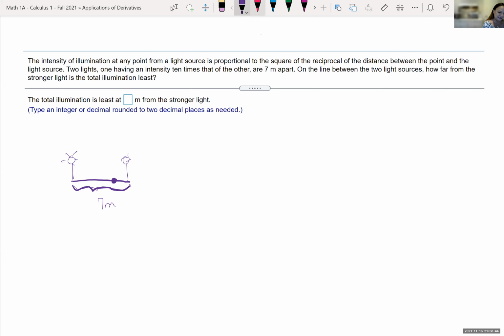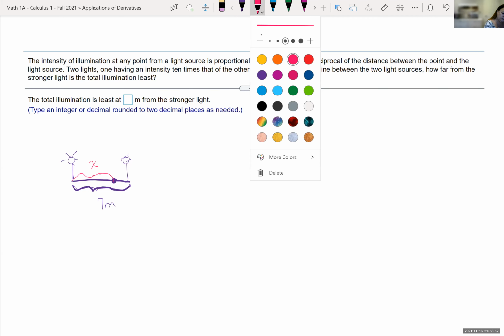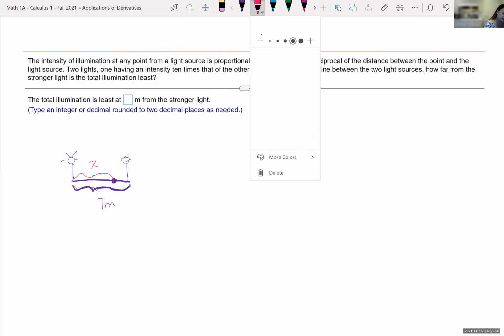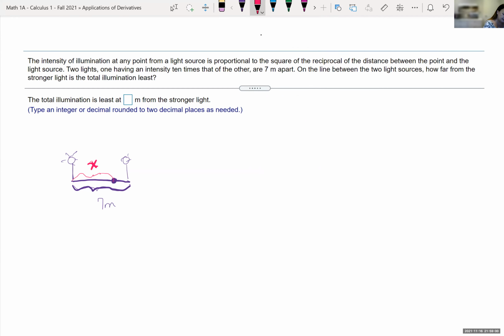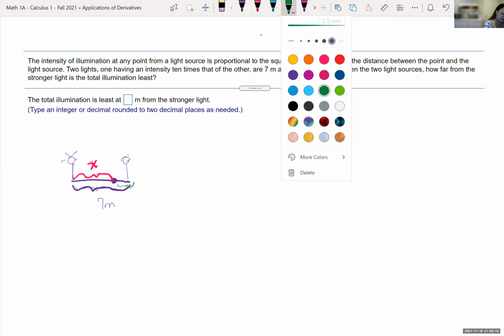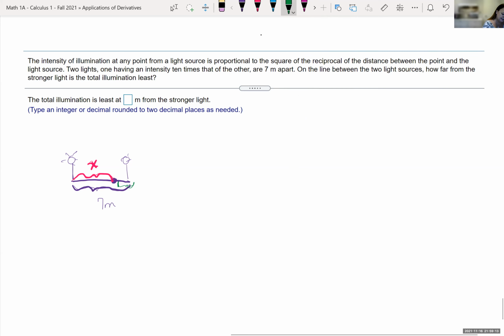Let's call that distance from the stronger one X. So this is X in here, which means the distance from the lighter light is 7 minus X, because we know that whole distance is 7. So 7 meters minus X is that length.